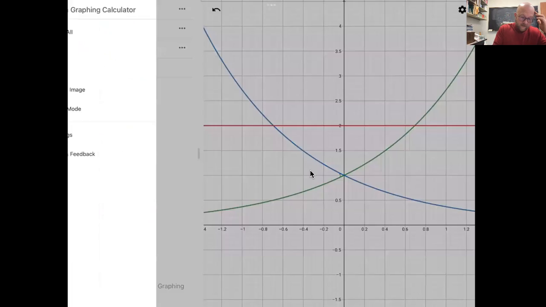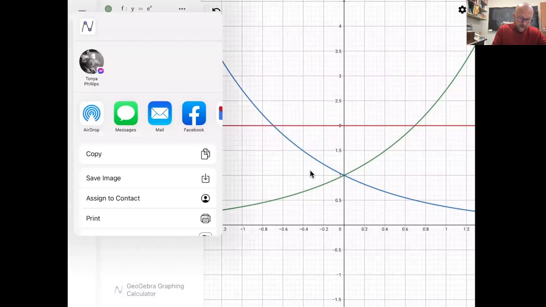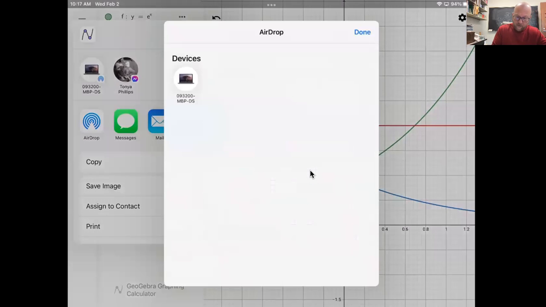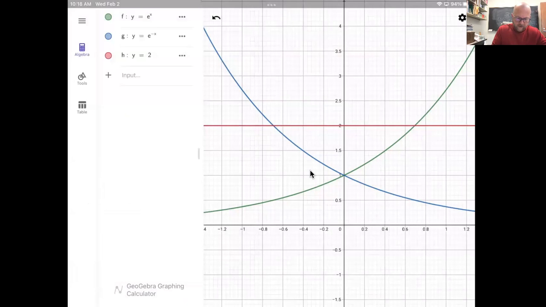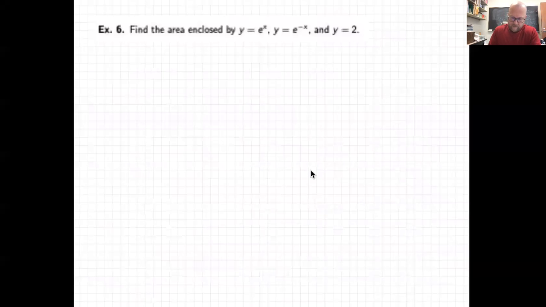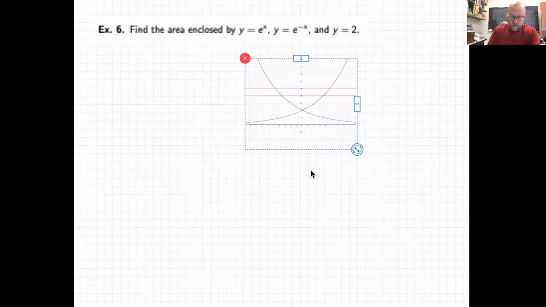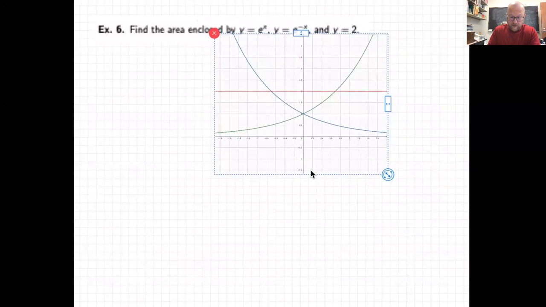Okay, I will just press export image and just do what it says. It's not what I want. So I don't want an airdrop. I just want a copy of it. Okay. Well, that's weird. Okay, the controls changed.